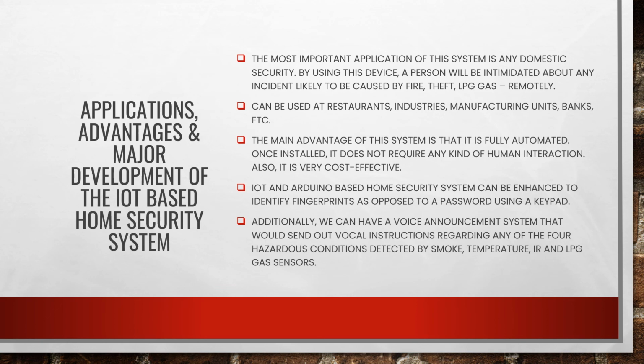And for more requirements, like the temperature sensor and gas sensor, you have even more sensors that can also be used for this home security system. So that's all about a smart home or IoT based Arduino home security system. Thank you.